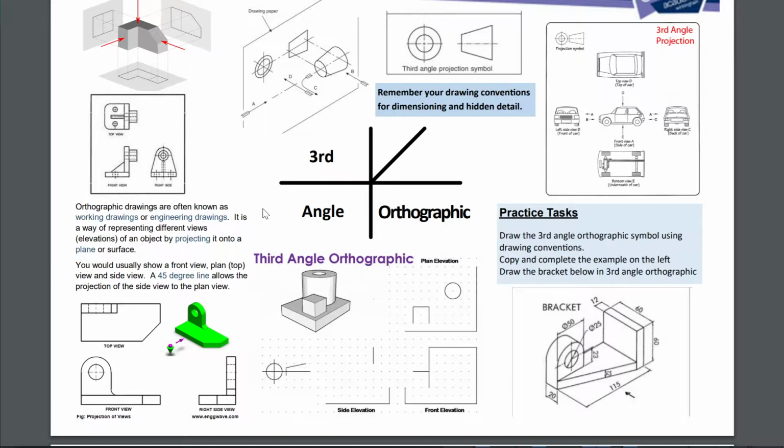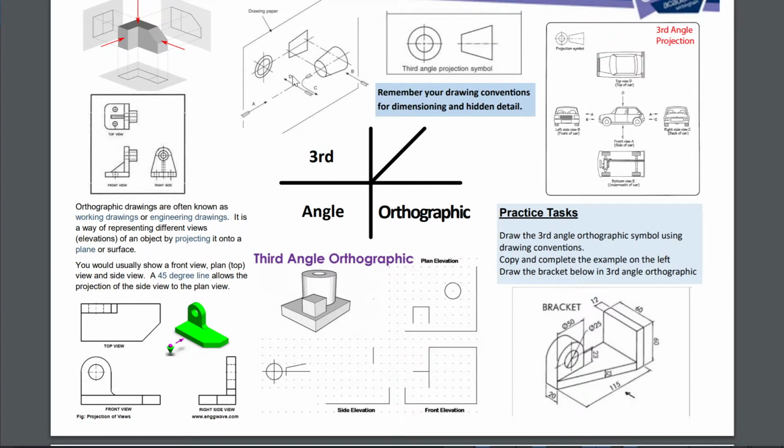Okay, so we should be familiar with third angle or orthogonal drawings. Now, it's important when we're looking at these sorts of drawings that Australia uses third angle. The symbol for third angle, I think of it as that we have the target and the flag.